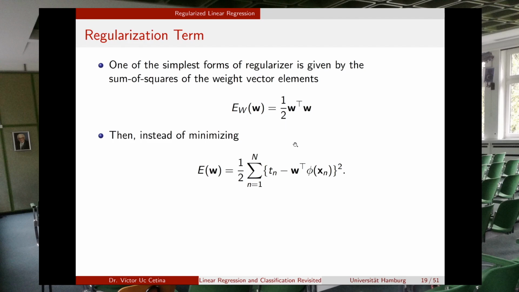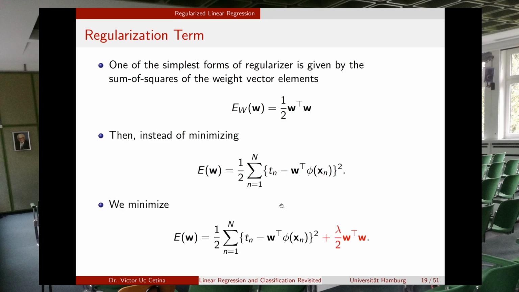Then instead of minimizing the error caused by the data, we will minimize this extended error function, which includes the error with the data and the error caused by large parameters.